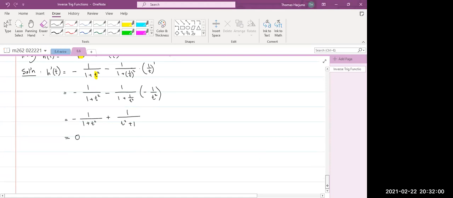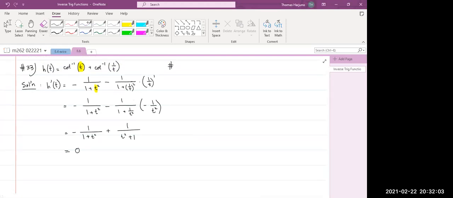If the derivative of a function is 0, what can you say about that function? Then that function must be constant. Now, we don't know what that constant is, but at least we know it must be a constant.